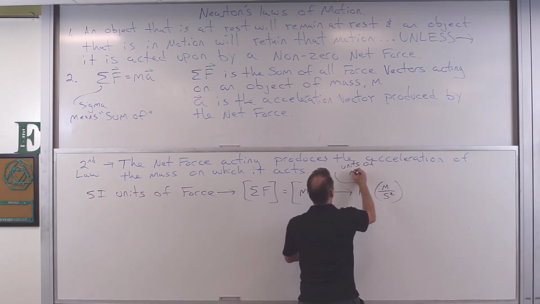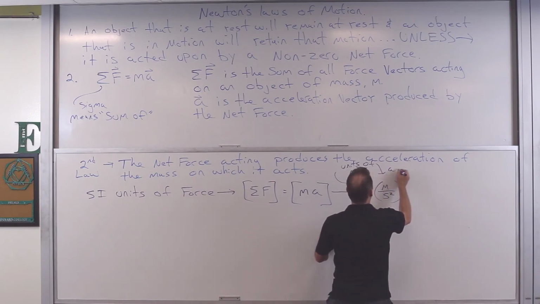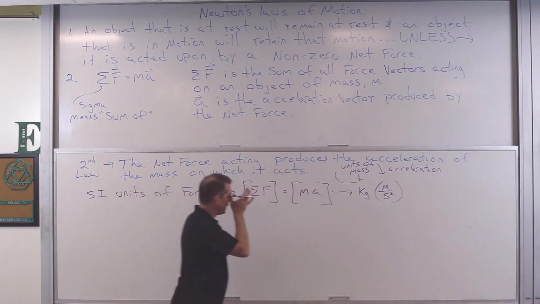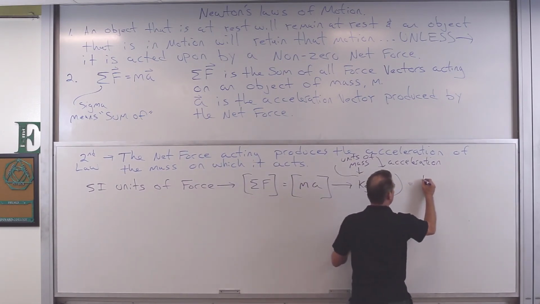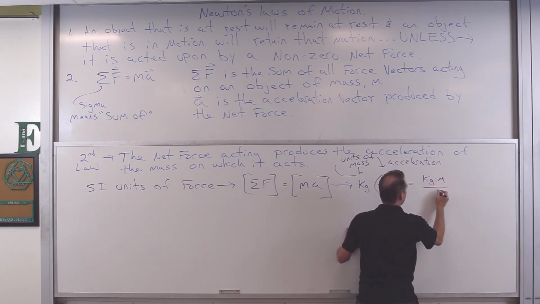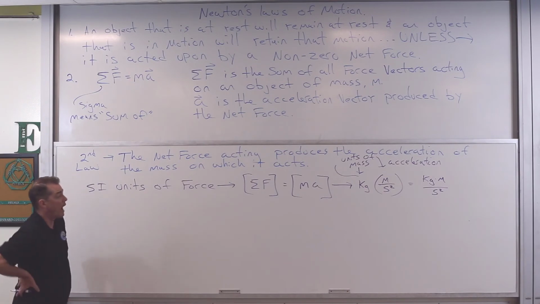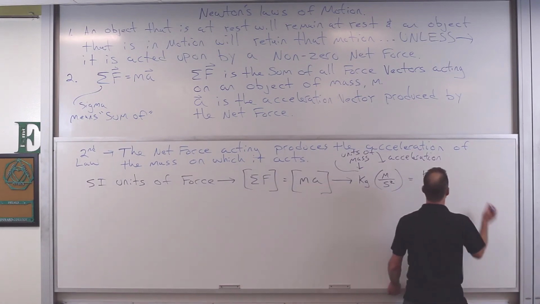So what we would really say is this is kilogram meters per second squared. That's how we quantify force. It's very compound, right? But it has units of mass times acceleration. We go ahead and call this something else.